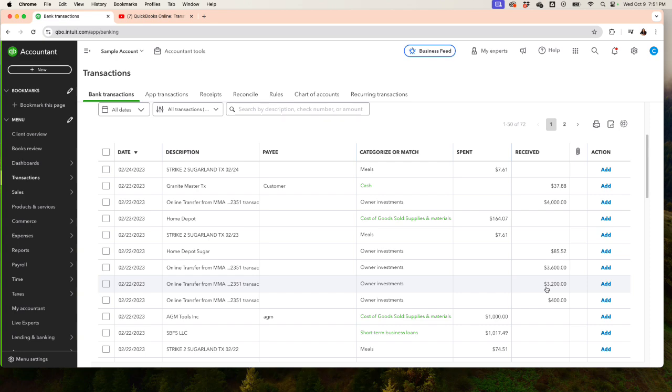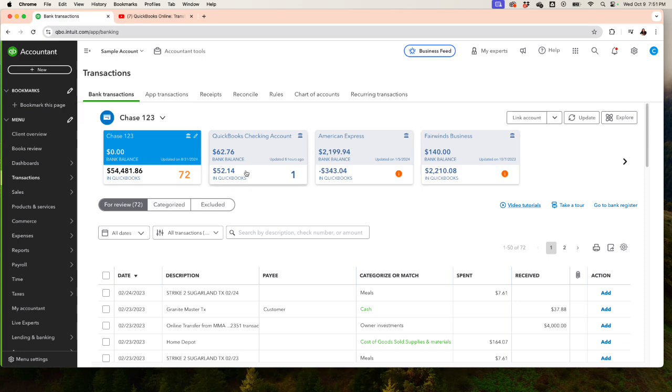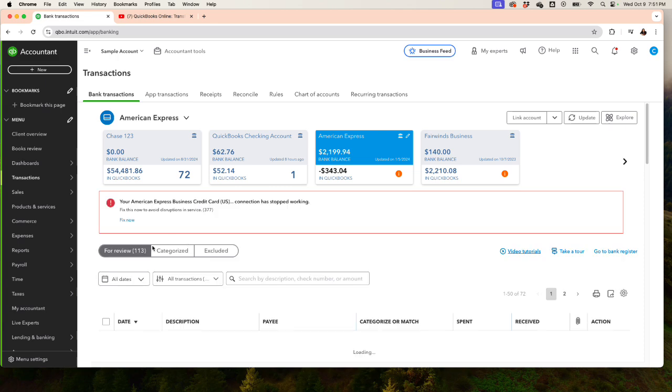Now, what happens if the transaction, so you just have to go through those transactions, right? What happened if those transactions were already reconciled? So what you're gonna do is go into those transactions and make sure that you can manually reconcile them. Okay, so let's take a look at this one.